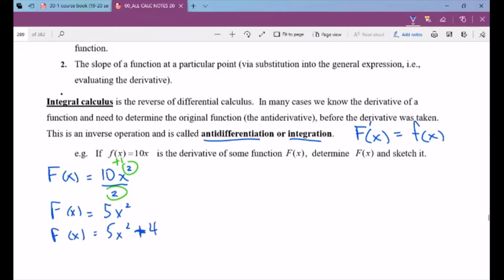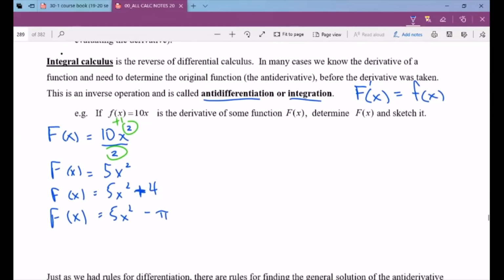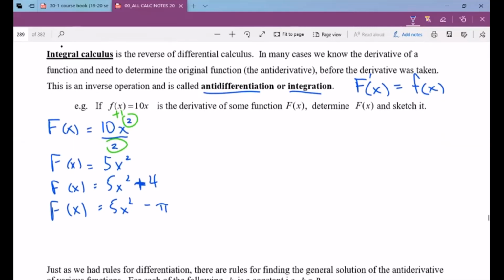If I differentiate that, I also get 10x. What if I have 5x squared minus pi? Any sort of constant that we add or subtract from this 5x squared, when we differentiate it, we'd still get 10x. So all of these are essentially correct.